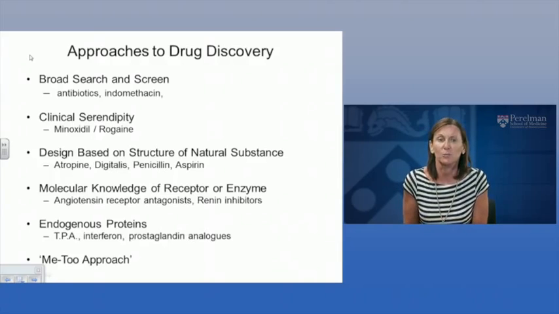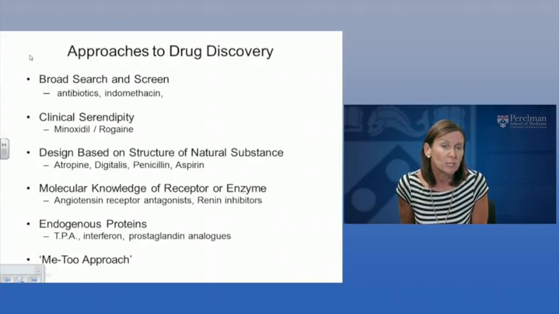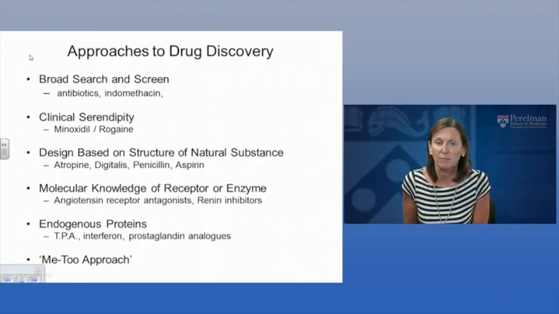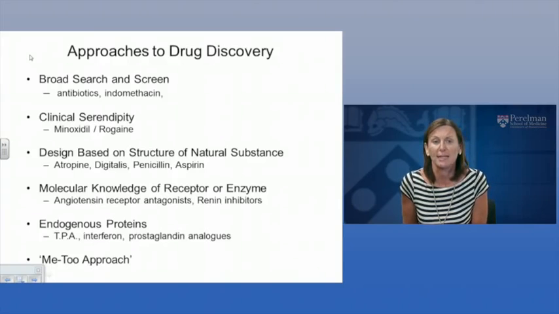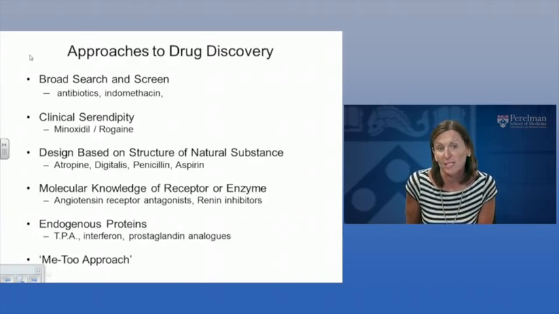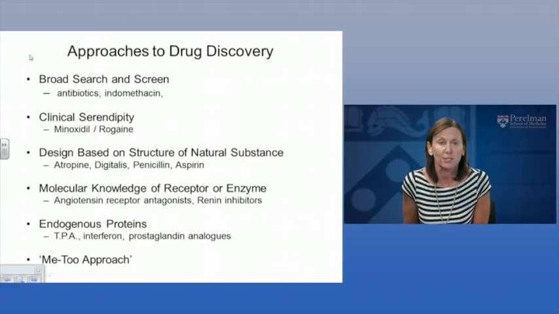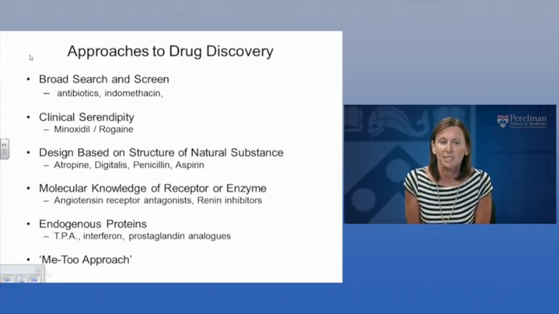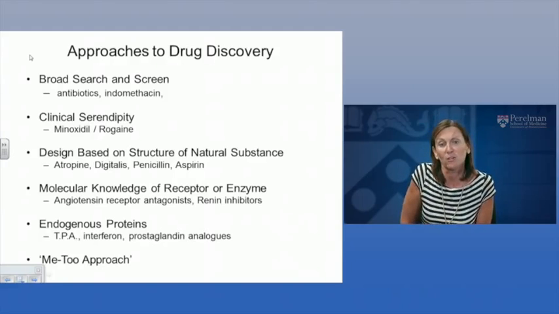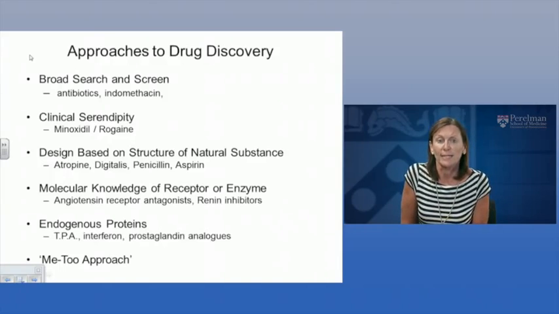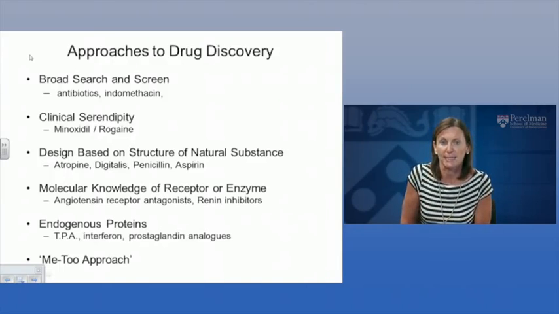So an example here would be Lipitor, which is atorvastatin made by Pfizer, rosuvastatin, which is Crestor made by AstraZeneca, and simvastatin, previously known as Zocor, produced by Merck. These are all medications that are statins in nature and differ ever so slightly from each other, and all have the same sort of clinical indication to reduce LDL cholesterol.